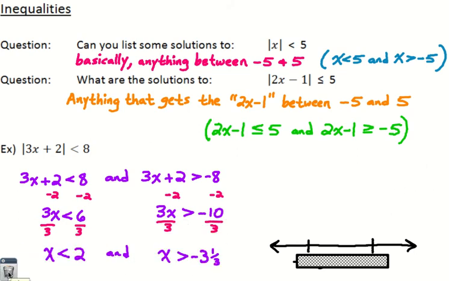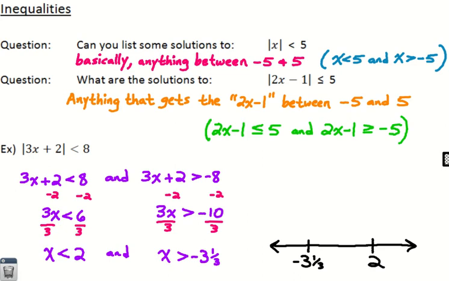And so once you finish solving each one for x separately, we find that at the end of the day, x needs to be less than 2, and x has to be greater than negative 3 1/3. So these pretty much always come with a graph for your final answer. And so here we go.